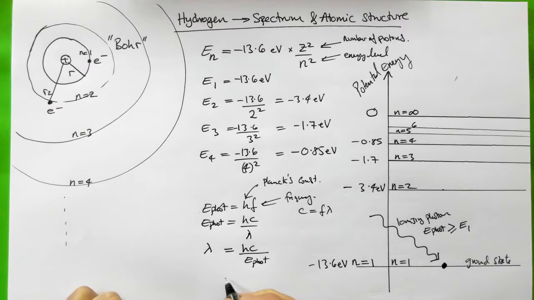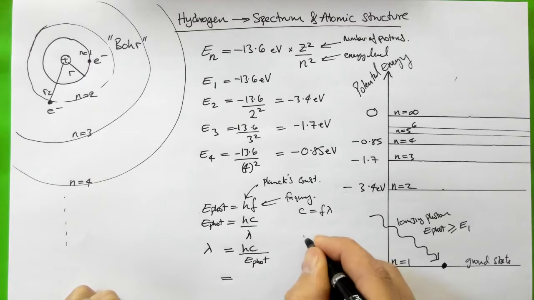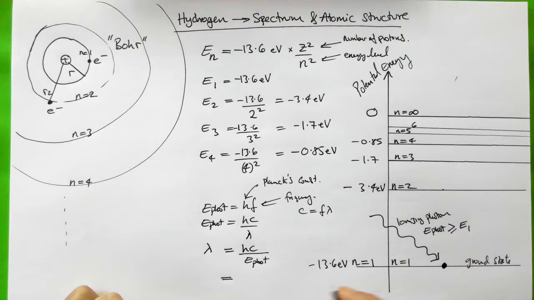And we need to work in joules if we're going to use Planck's constant in joule seconds. So we need to find out what is E phot in joules. So 13.6 electron volts, can we convert that to joules by multiplying it by 1.6 times 10 to the minus 19, which is 2.176 times 10 to the minus 19 joules.